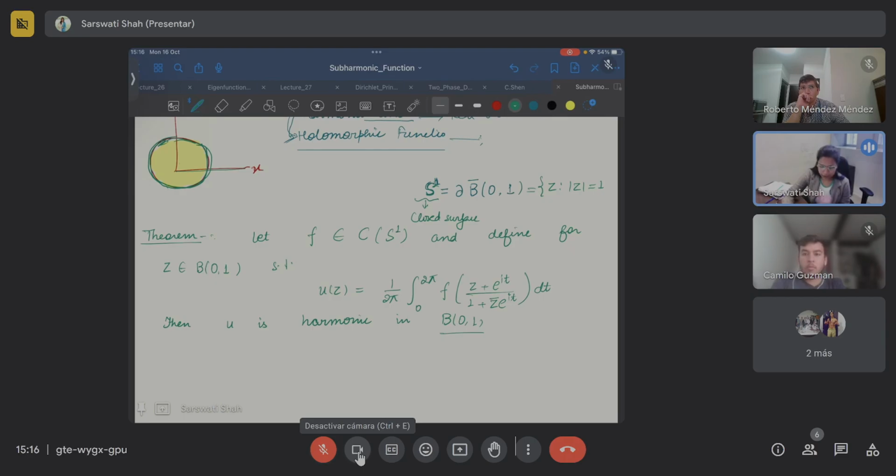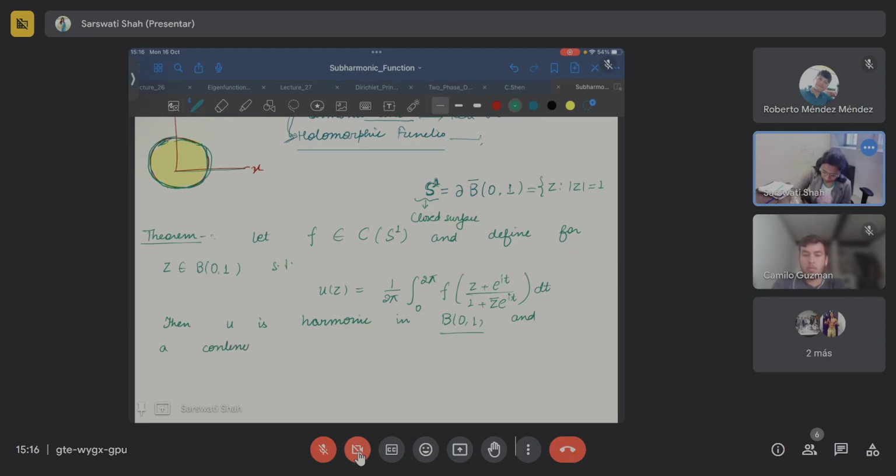Then u is harmonic in B(0,1) and a continuous extension of f into the open unit disk.